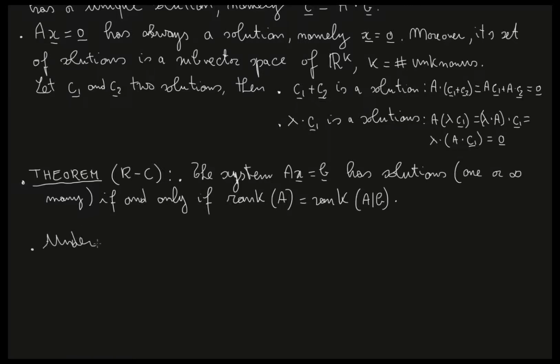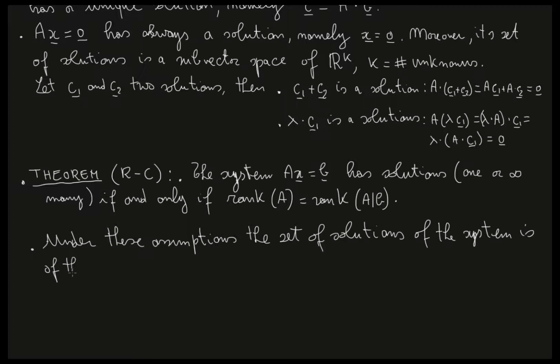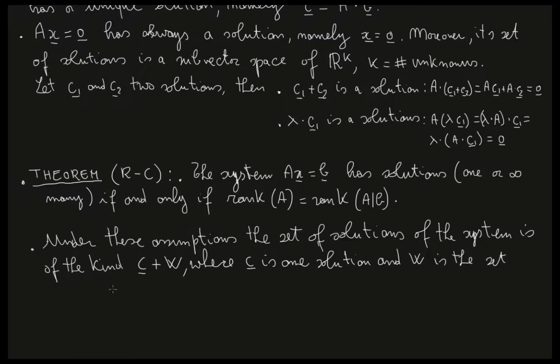Under these assumptions, which means assumption of existence of a solution, the set of solutions of the system is of the kind C plus W, where C is one solution, any of the solutions if there is more than one, and W is the set, which indeed, as we have just shown, is a subvector space, not only a set.